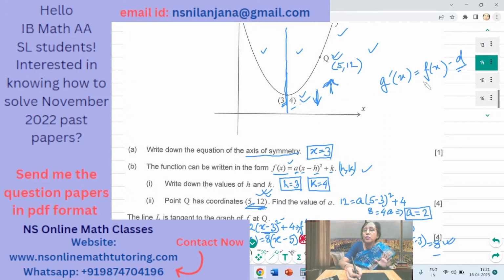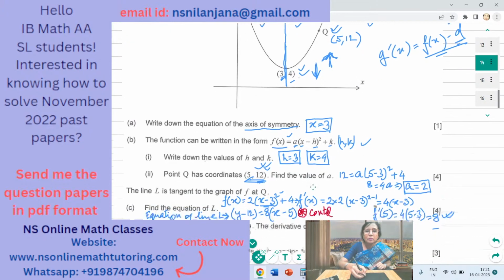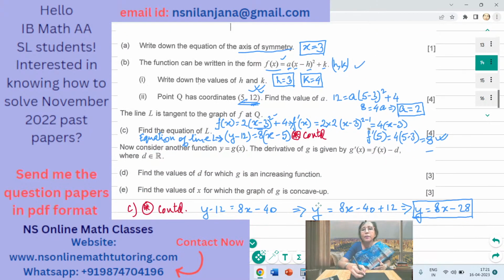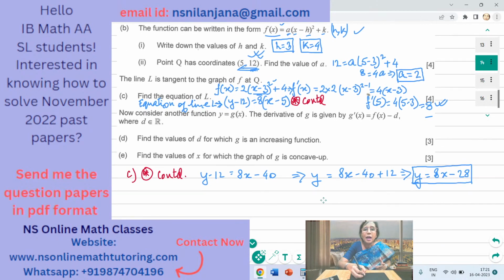We have understood, we do not know what has been asked for, but at least by looking at the f of x graph and by looking at this expression, we have understood that this is a vertical translation. The parabola will be either translated downwards or translated upwards. If d is a negative number, obviously it will be translated upwards.